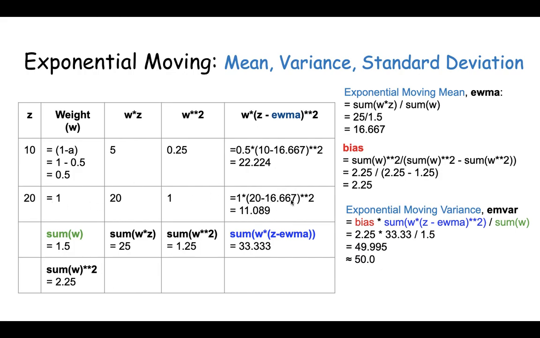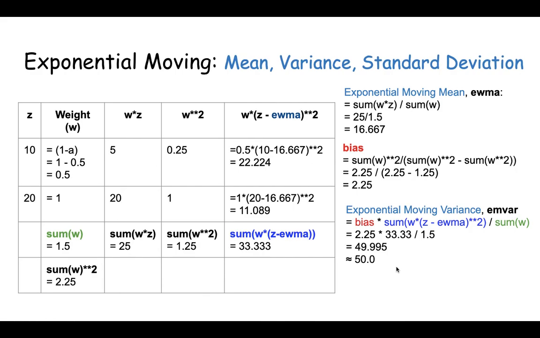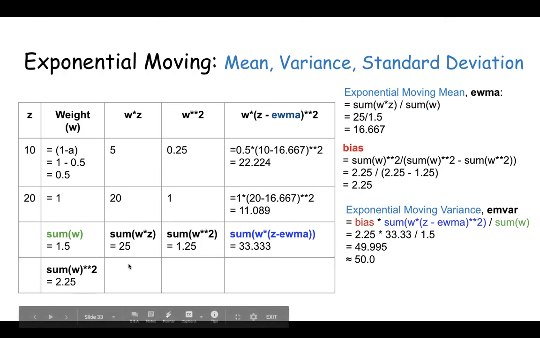And similarly, we do the same calculations for this next row, and then sum these up, and we get a total of 33.33. So we substitute that in this formula right here, and now we have 2.25 into 33.33 divided by sum of W, which is in green, so 1.5, and thus we get exponential moving variance or exponential weighted variance of 50 for this row, which is 20.